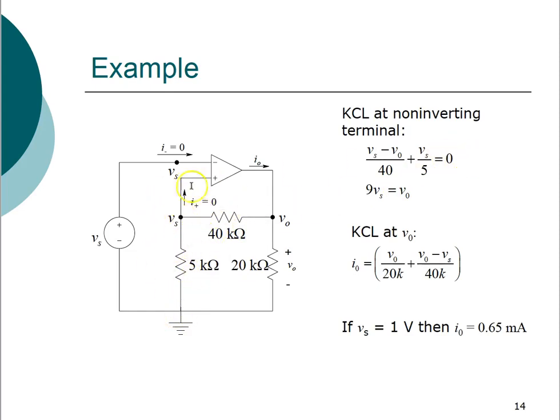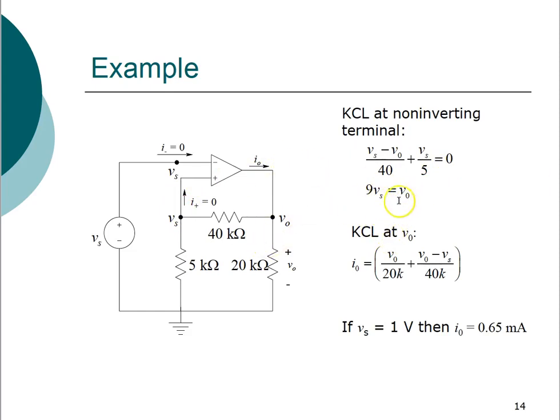Then this term is going to be 0 because the I positive current is 0, since we are assuming that the input resistance is infinite, so we don't have to include that. If you just solve this, you will get 9 Vs equals V naught. Vs is 1 volt, so you're going to get V naught equals 9 volts.